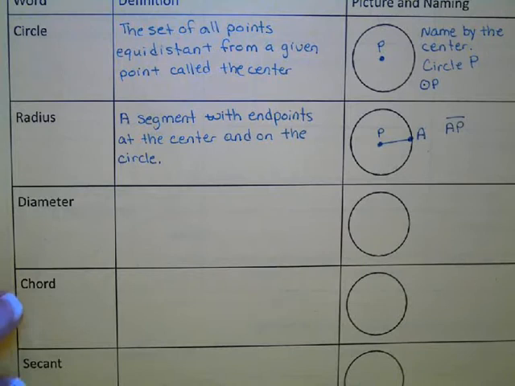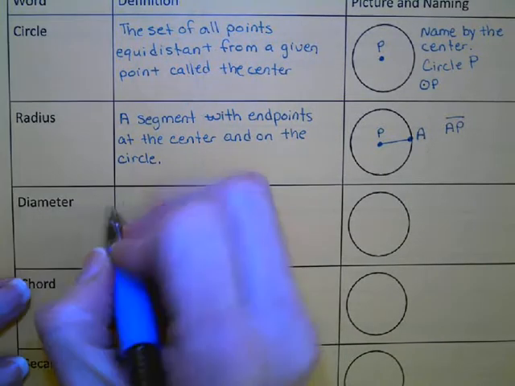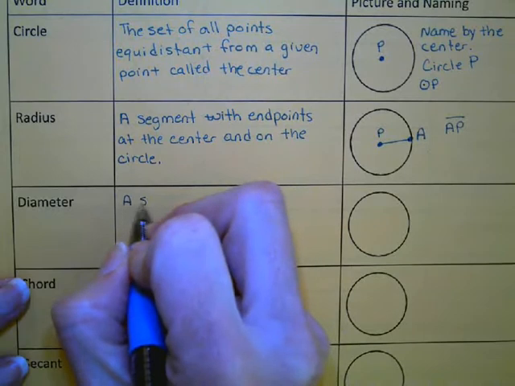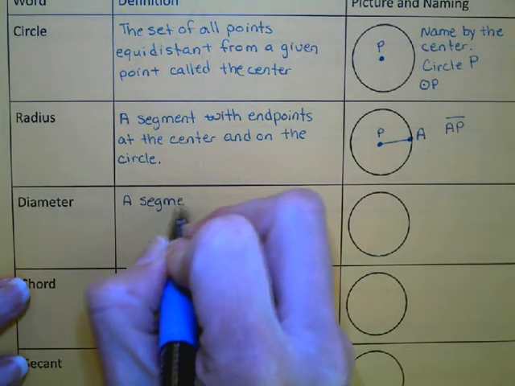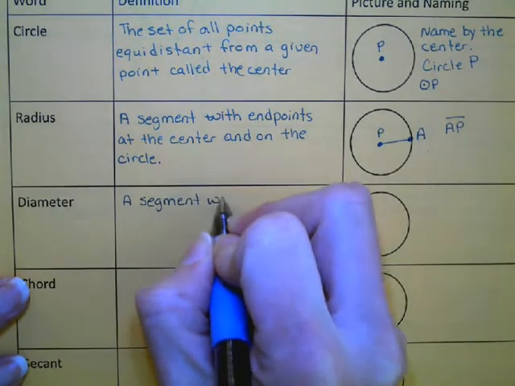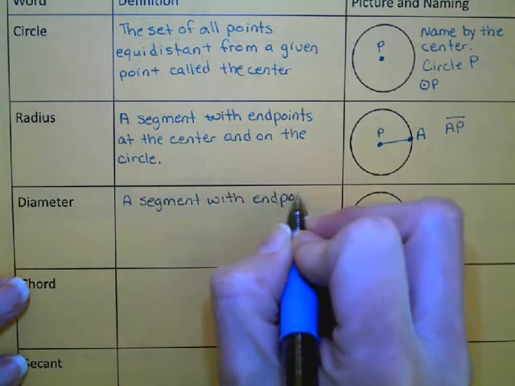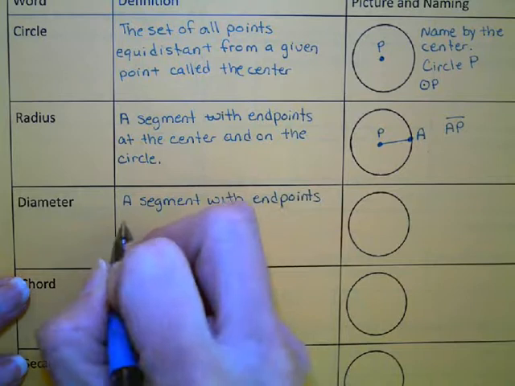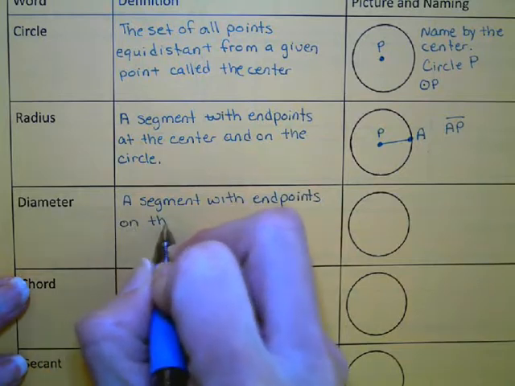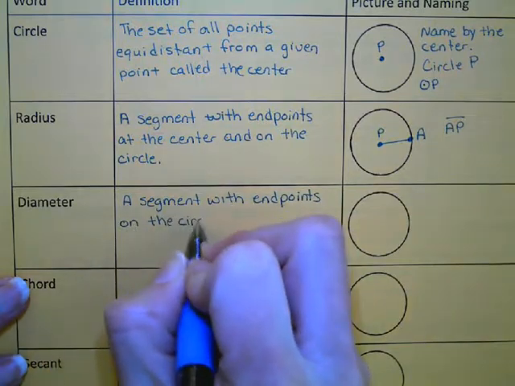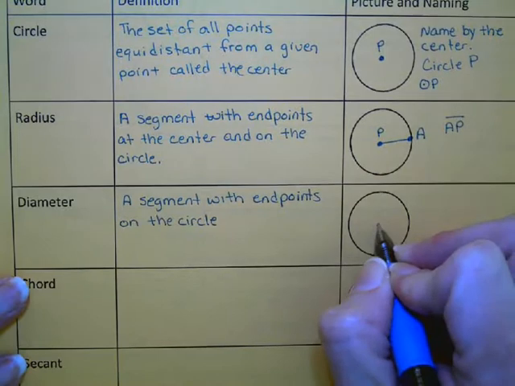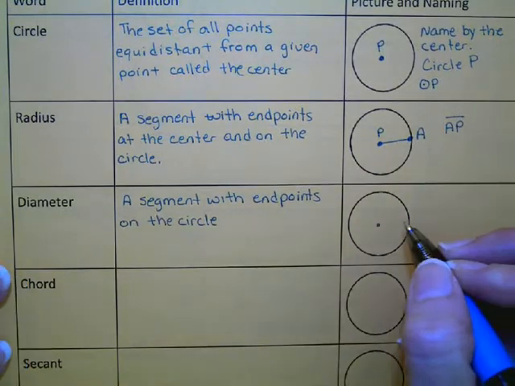A diameter is just a segment with endpoints on the circle. So it does have to go through the center.